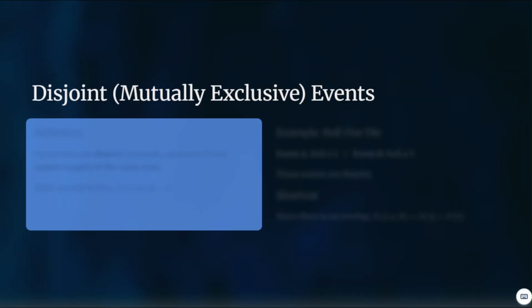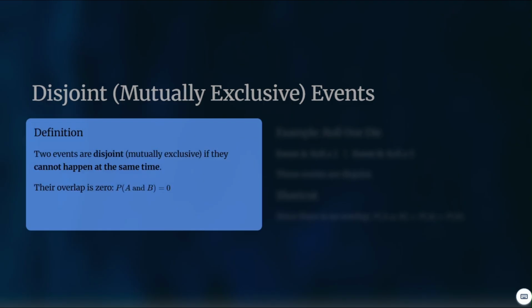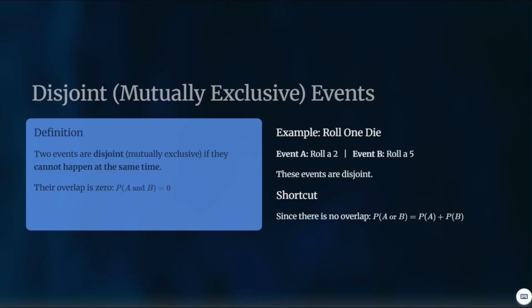Now let's discuss disjoint, or what we call mutually exclusive, events. Two events are disjoint, that is mutually exclusive, if they cannot happen at the same time. So in this case, their overlap would be 0. The probability of A and B would be equal to 0 because they will never happen at the same time. For example, if you roll one die, event A is rolling a 2 and event B is rolling a 5.